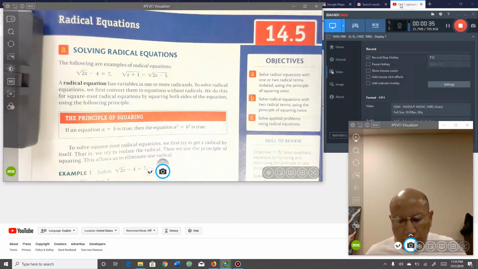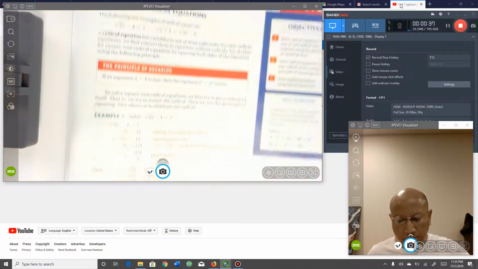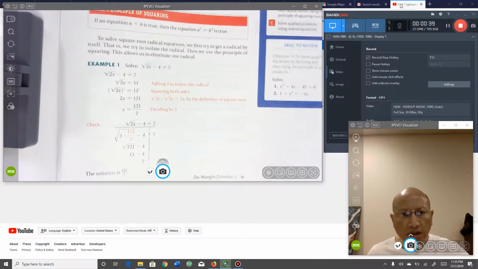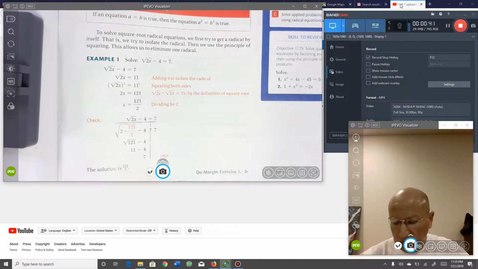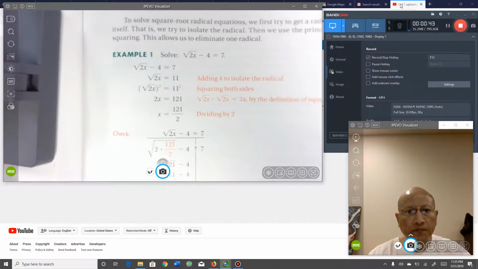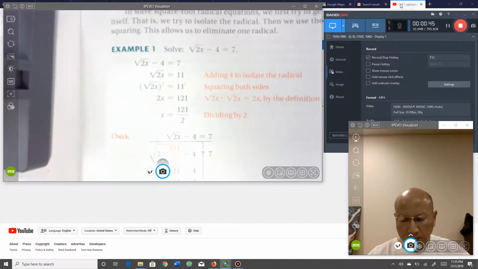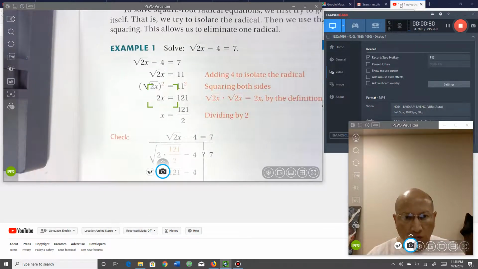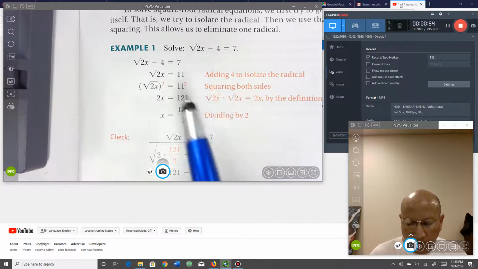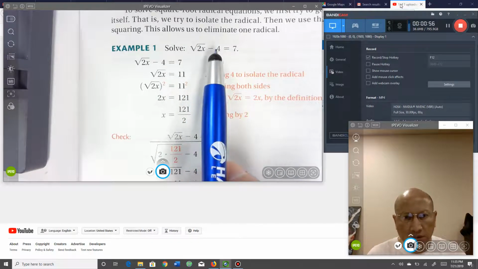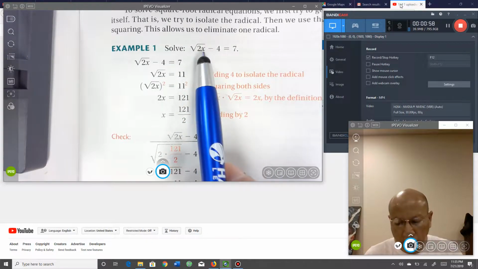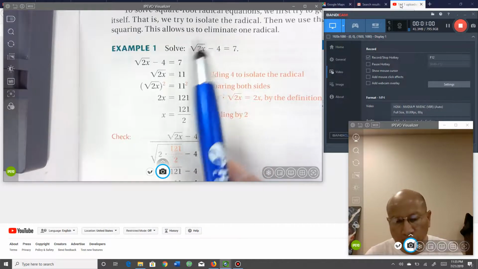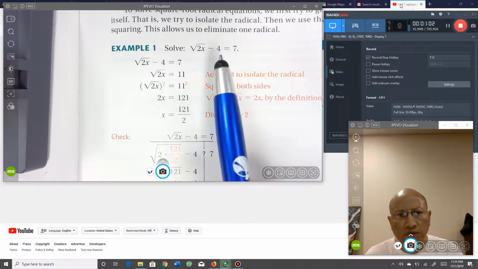The first one is what to do whenever you get an equation like this with a radical sign in it, and you need to solve.